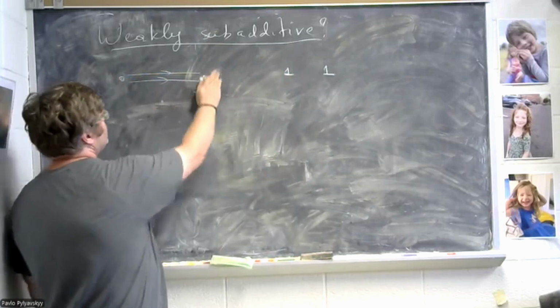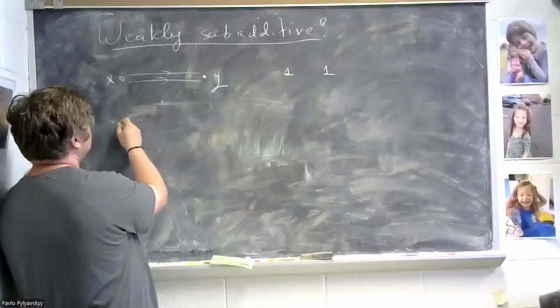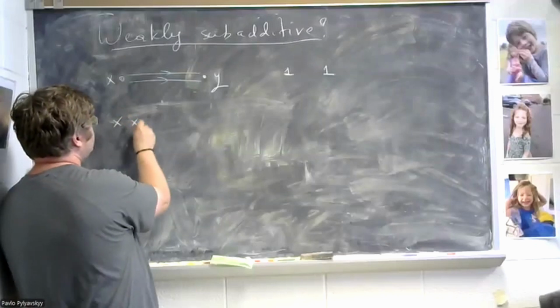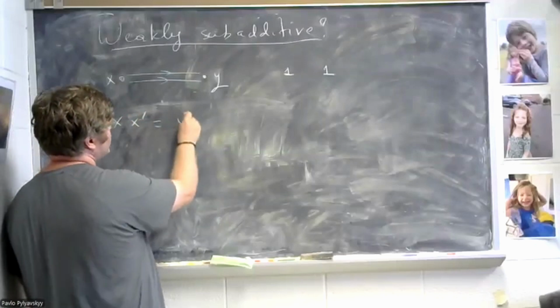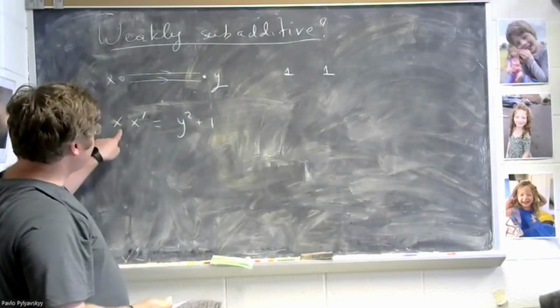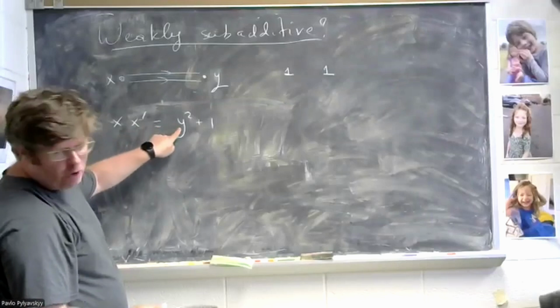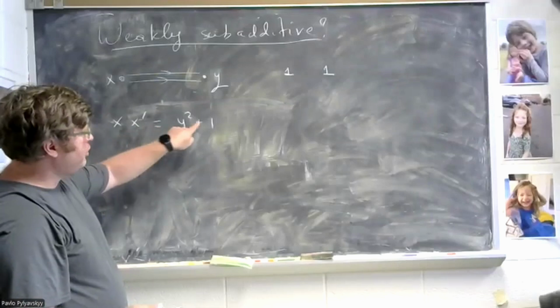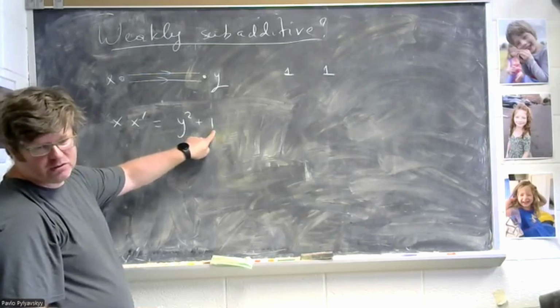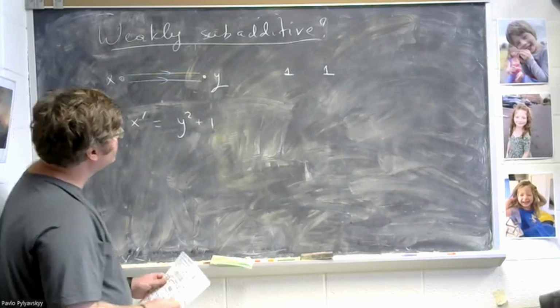If this is X and this is Y, the formula looks like this. X times X prime equals Y squared plus 1. Right? So old variable times new variable is product over outgoing arrows plus product over incoming arrows. Yeah. So this is the dynamics.